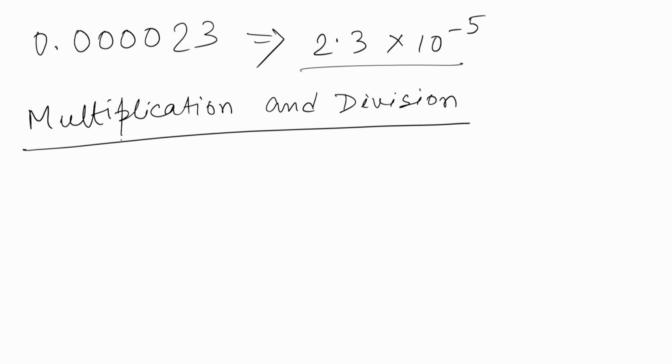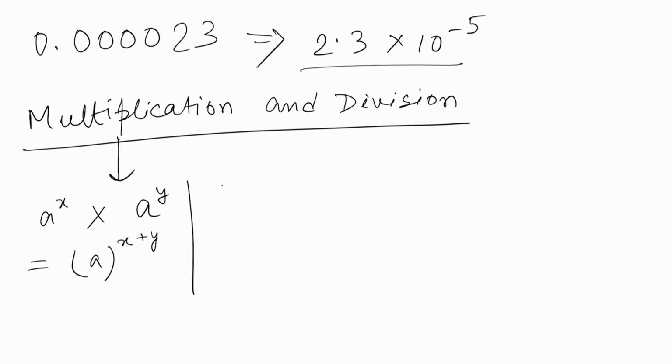The rule of multiplication says if we have a to the power x and we multiply this with a to the power y, then we can write this as a to the power of x plus y.